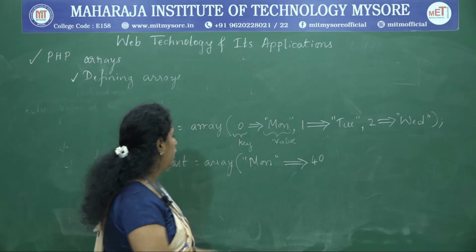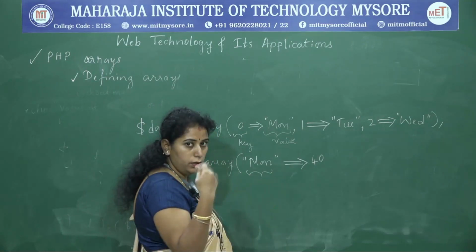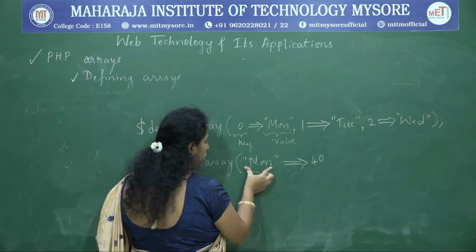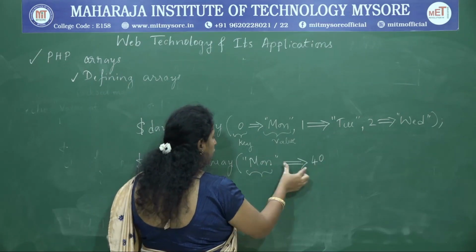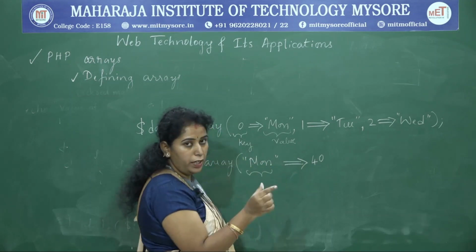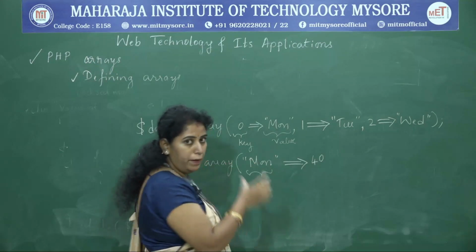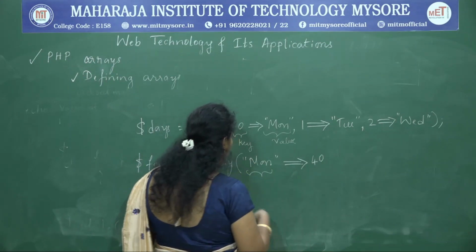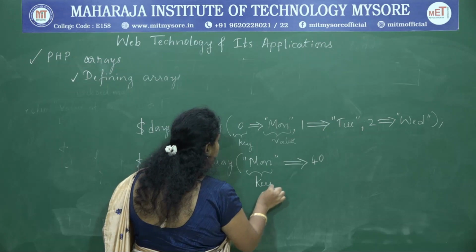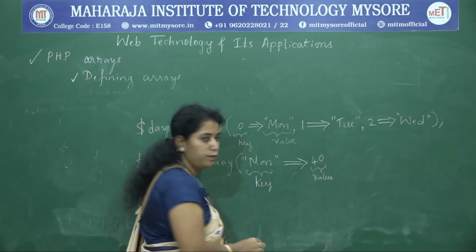What happened? Always you have to understand that when you consider this operator, the left part can be of any type of value, but it is the key part and this is the value part. So now key is string and value is integer.